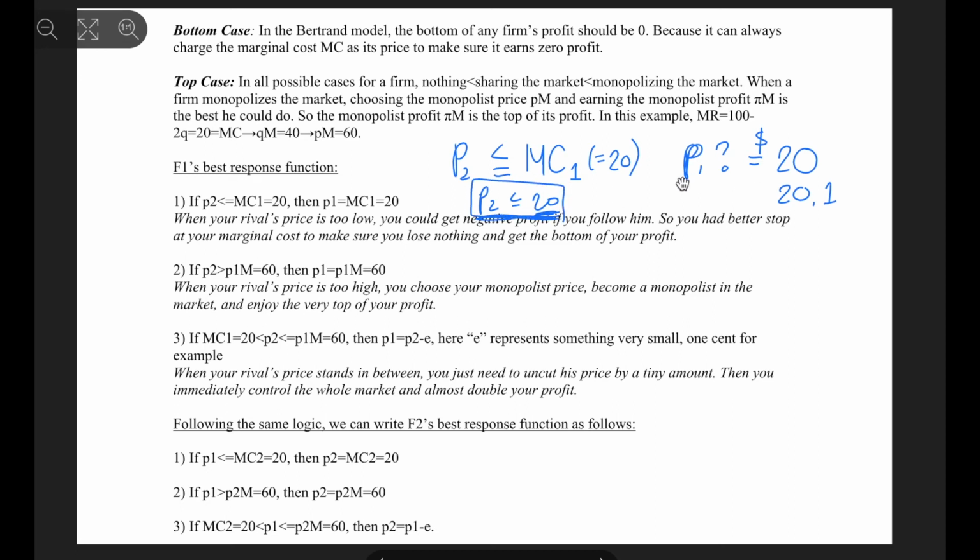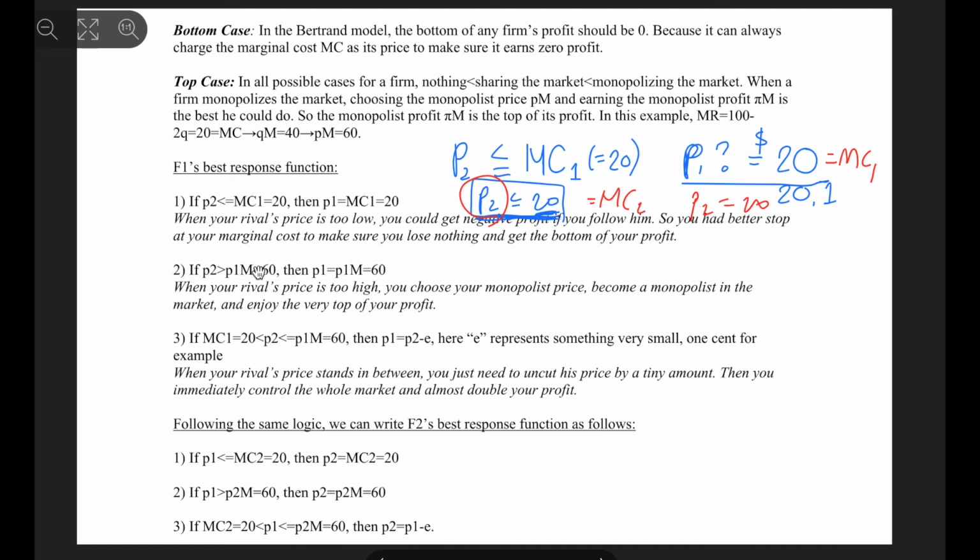So he has to go for the lowest price possible, which is his marginal cost, right? And we know that P2 cannot charge lower than 20 because the marginal cost for 2 is also 20. So P1, P2 will charge the same price of 20, right?